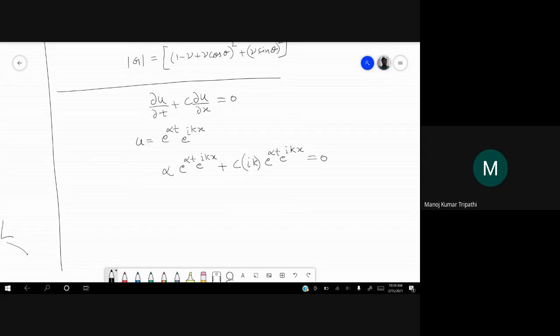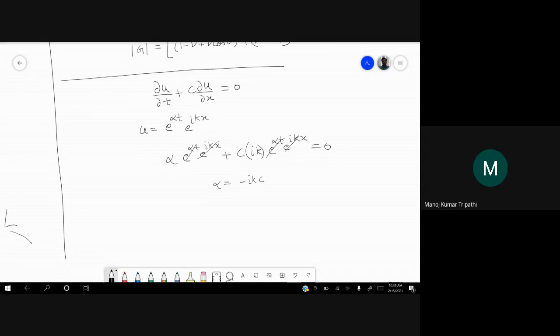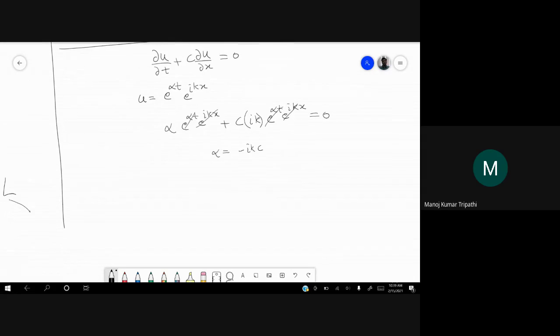So these two terms you can cancel out. From here you get alpha is minus iota kc. Now you got the solution e raised to the power alpha t, which can be written as minus iota kc t, iota kx.